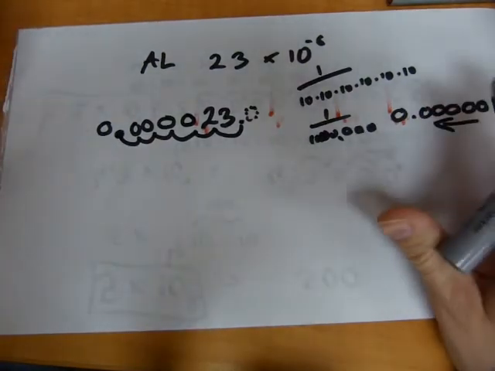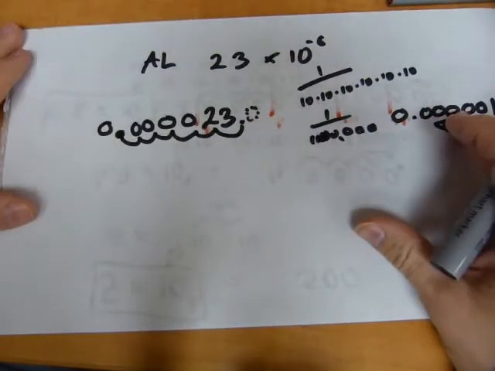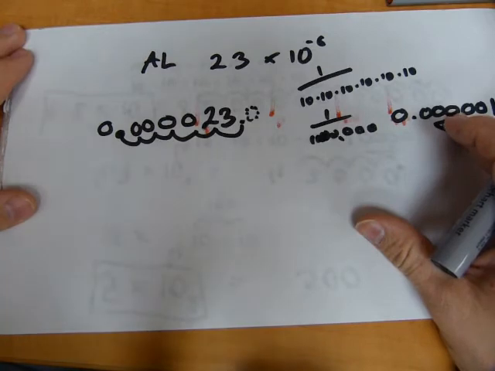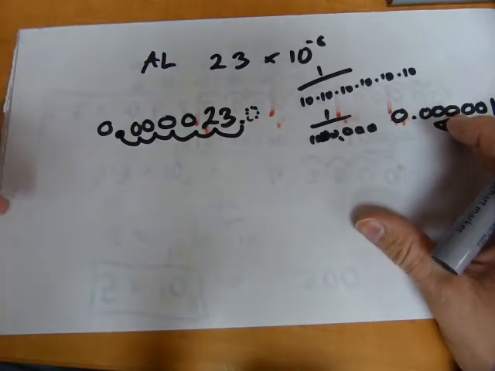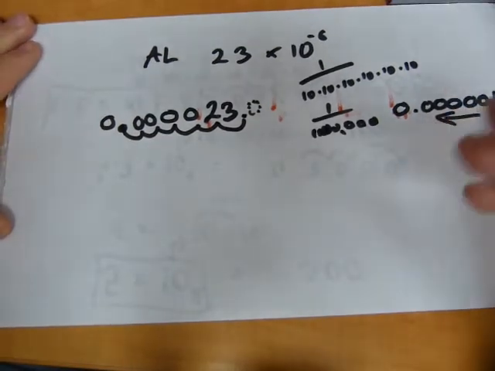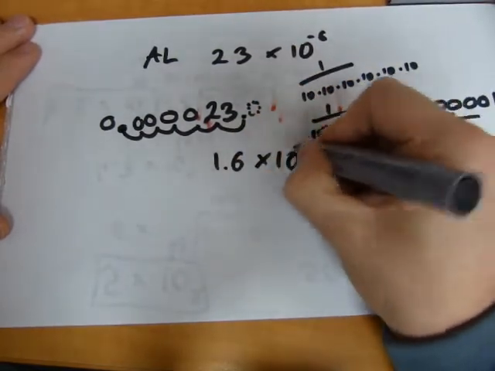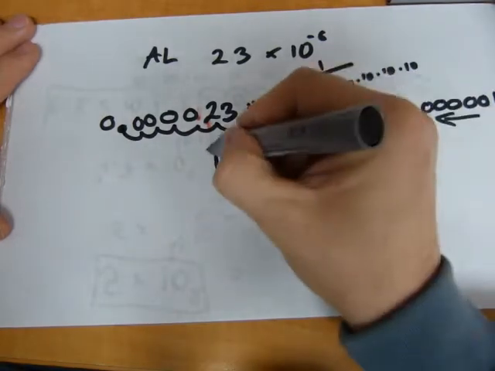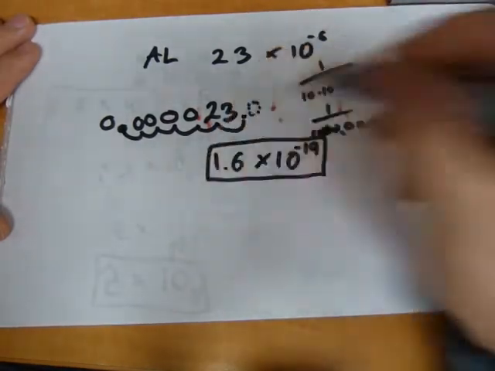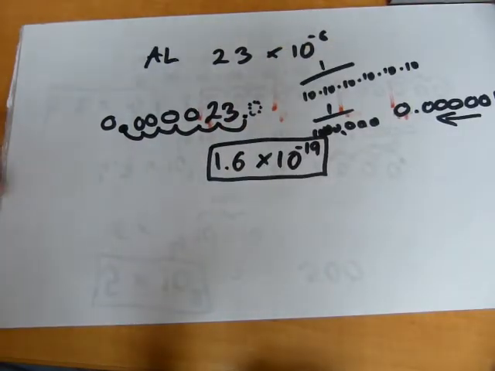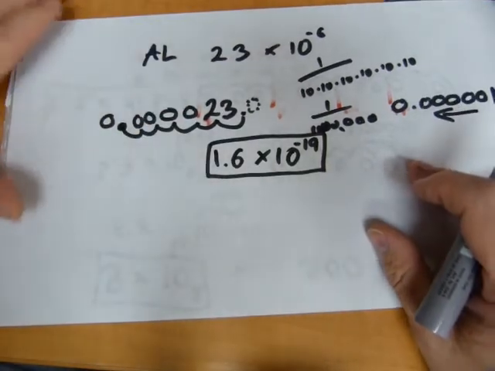Now, this one is alright, 23 millionth, but what do you do with a number such as the elementary charge of a single electron? That number is 1.6 times 10 to the power of negative 19. This is in scientific notation. Good luck naming it. I can write it out in decimal format, and this is how it's going to look.